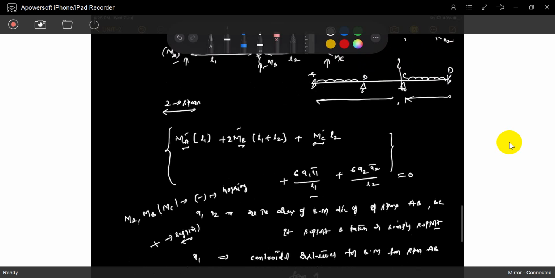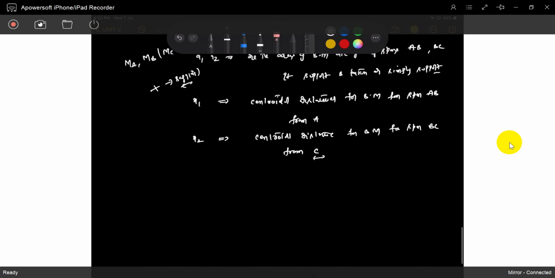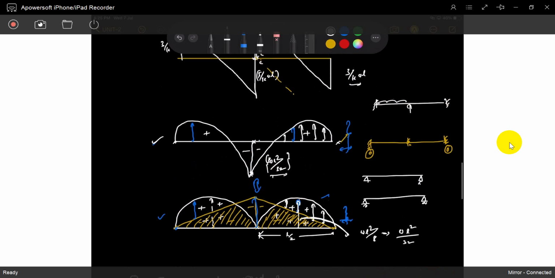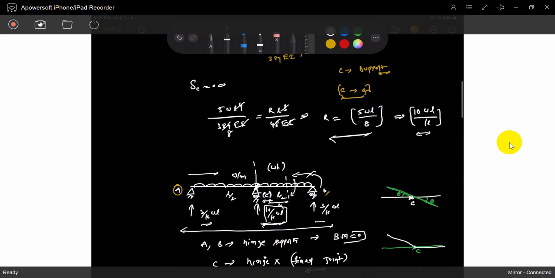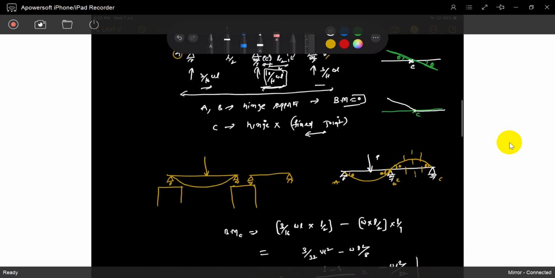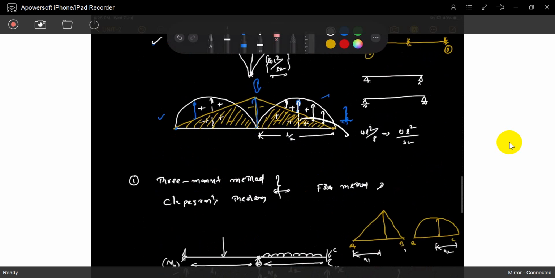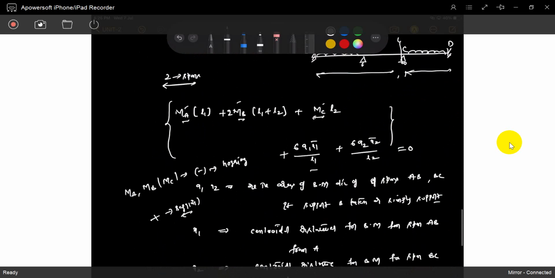So I will solve one problem, the one we already solved. We are solving this problem again. This is the Clapeyron theorem. No need of proof. I once again say there is no need of proof; otherwise, if you want, search for the proof.